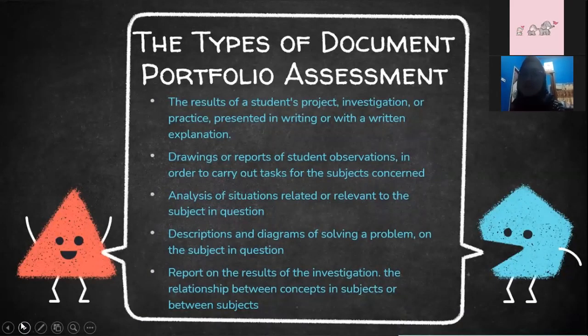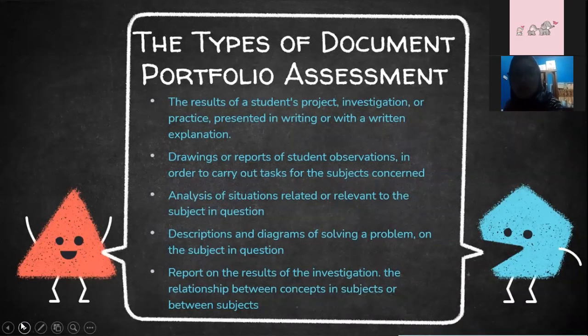The types of document portfolio assessment. The first, the result of the student project investigation are practice presented in writing or with a written explanation. The second, drawings or report of student observation in order to carry out text for the subject concerned.